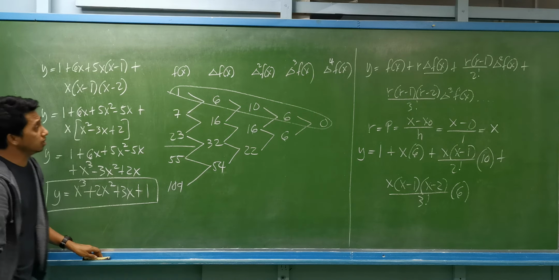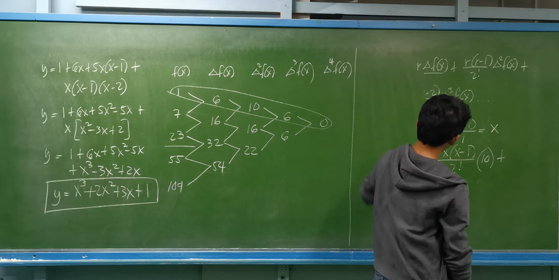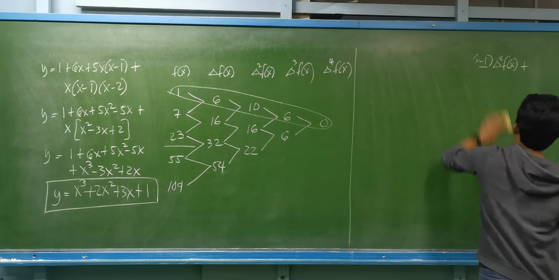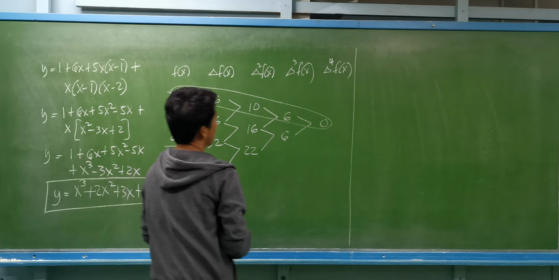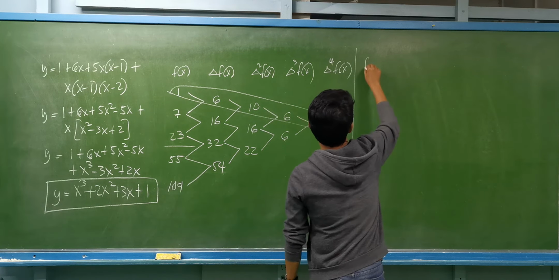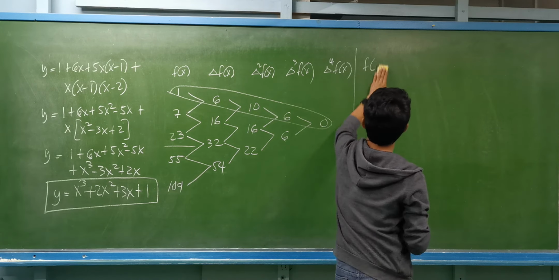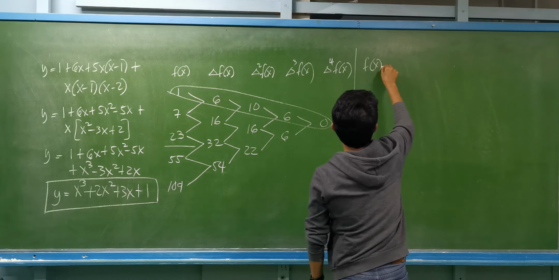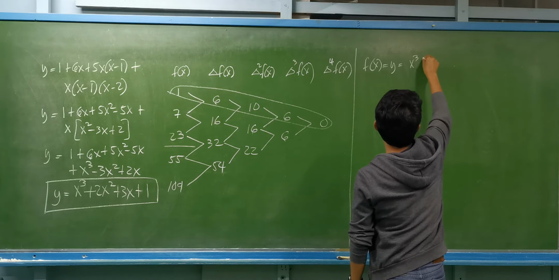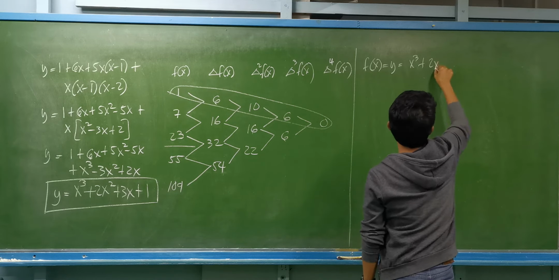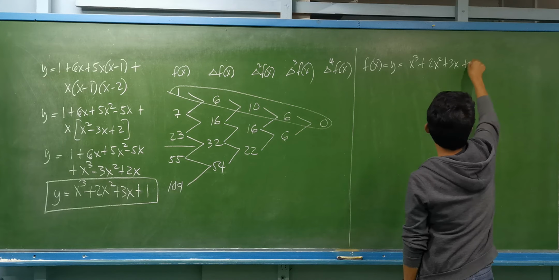Then initially we are looking for the value of f of 0.5 and 1.5. So we have f of x, or the same as the y function, is equal to x cubed plus 2x squared plus 3x plus 1.